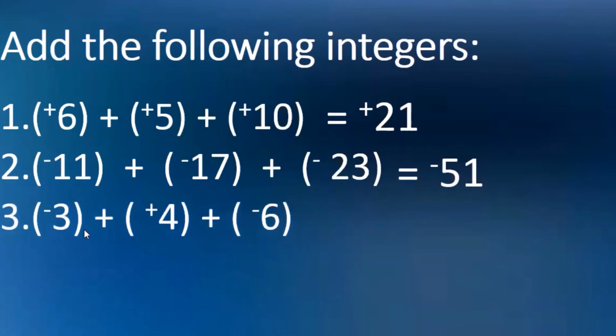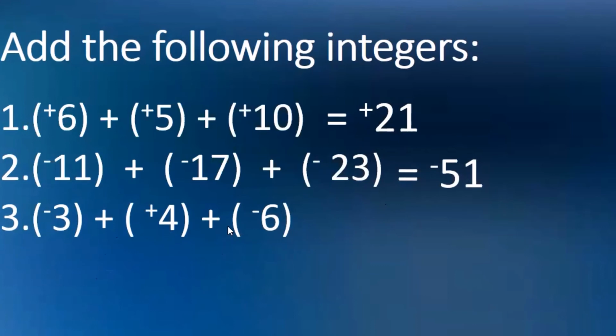Third, we have 3 addends, two addends are negative and one is positive. So, we combine the two negatives, then subtract, and the sign of the bigger number is the sign of the sum of the integers.